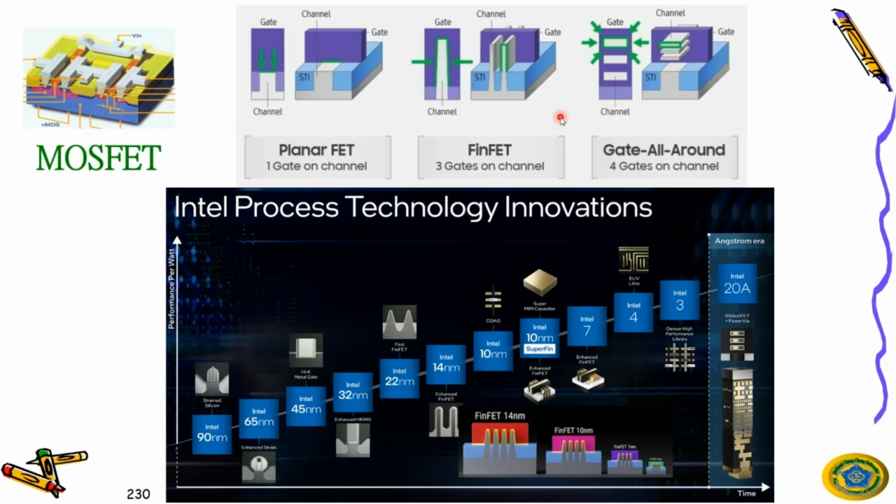And TSMC is going to move to gate all around, right? You know that. Okay, so now it's 7 nanometer, 5 nanometer. If you have an up-to-date iPhone 15, that would be 3 nanometer, 5 nanometer, right? And now it's going to move to 2 nanometer, and then very soon 1.4 nanometer technology.